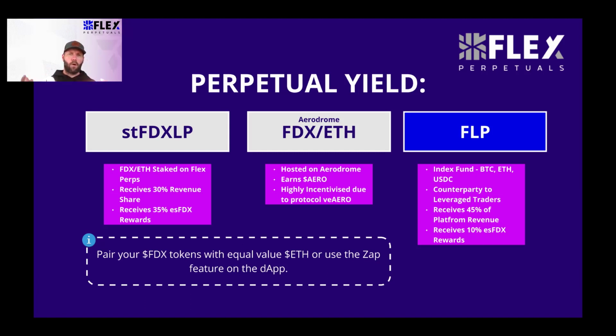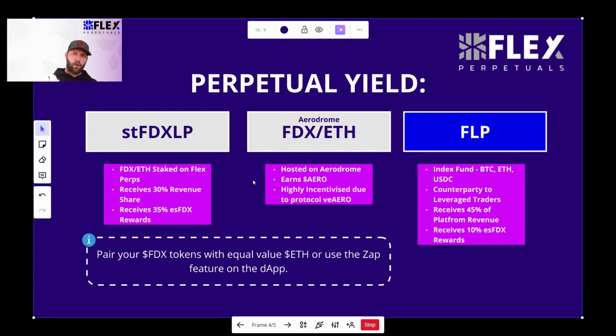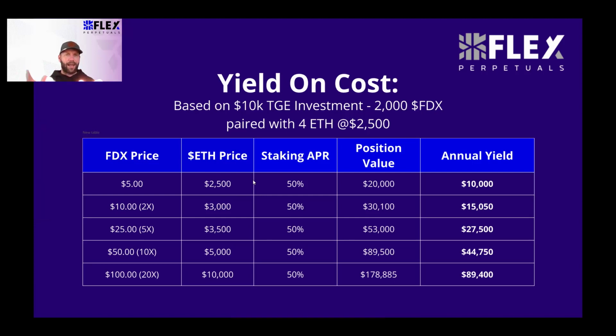Let's have a look at what potentially that could look like. Now, I'm going to focus on the STFDX LP based on if you were involved in the token generation event.